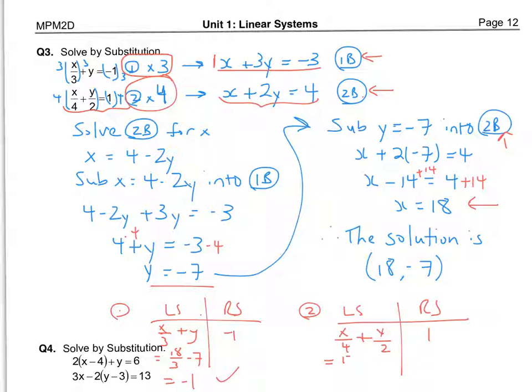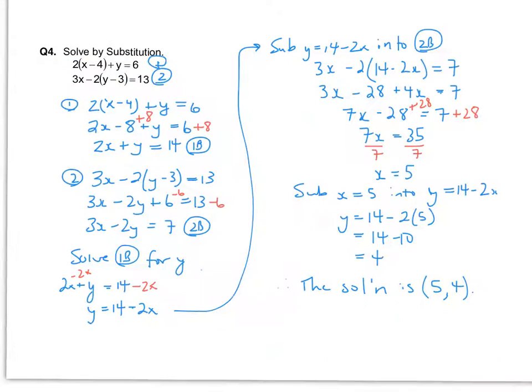If I do 18 divided by 4, that will be 4.5, plus, and then the y gets divided by 2, negative 7 over 2. 7 divided by 2 is negative 3.5, and that's equal to negative 1, sorry, positive 1. I made an oops. Positive 1. So my left side equals right side again. I know that that is the solution. It definitely works.